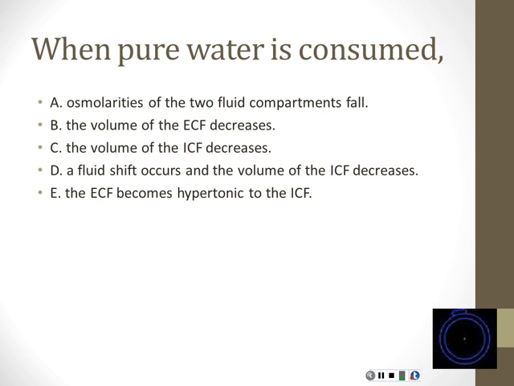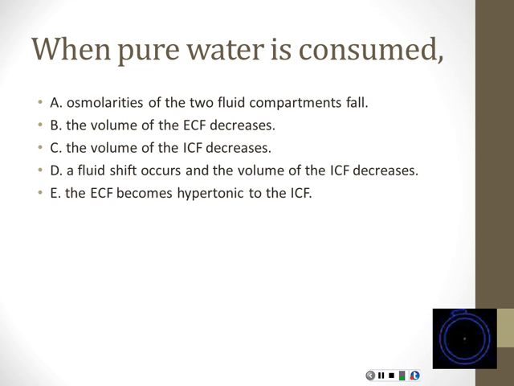So to use our diagram, we've taken this volume of stuff and we've added pure water. You notice that the water doesn't have anything dissolved in it, because it's pure. So what happens? Well, the first thing is this water isn't going to stay in the extracellular space. It's going to equilibrate across.